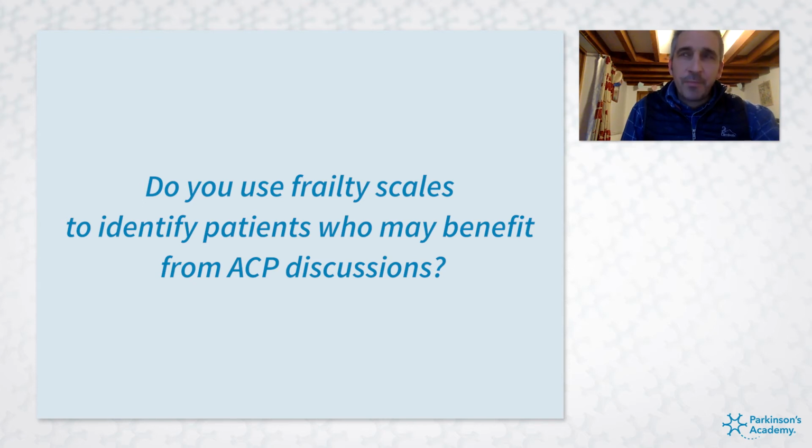So we could use them as a red flag in our practice, couldn't we? We could say, if people are getting CFS 5 and 6, is that then a time that we want to be thinking about this? But we've got more PD-specific things that we could use. So Hoehn and Yahr 3, associated with step change in quality of life, axial rigidity, falls, recurrent falls, we know, and associated with progressive decline towards death.